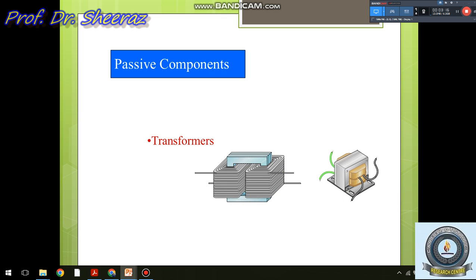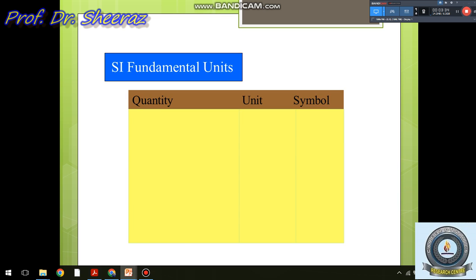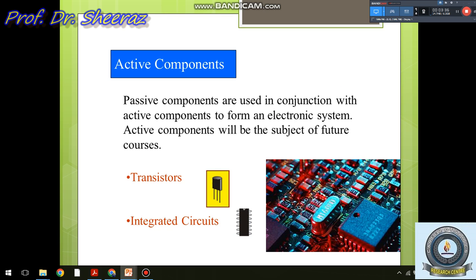These are known as the passive components. And passive components are used in conjunction with the active components to form an electronic system. Active components will be the subject of future courses, like transistors and ICs. These are the active components.